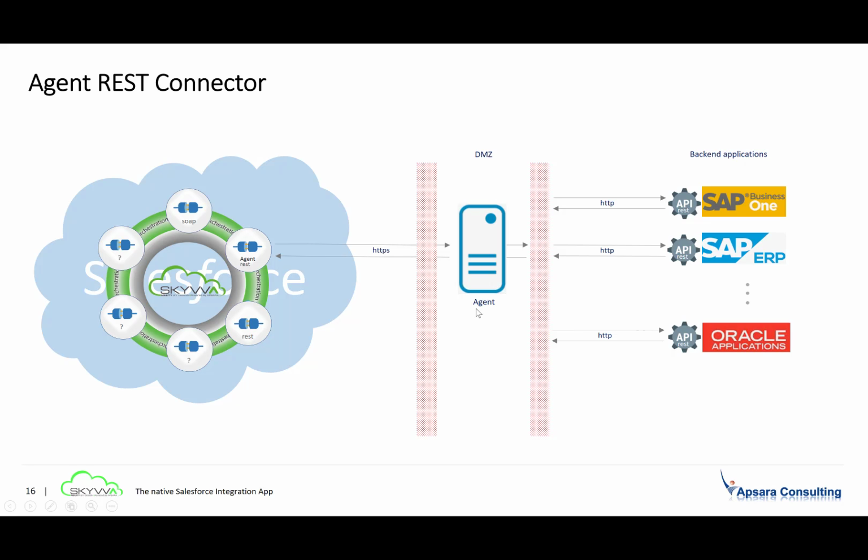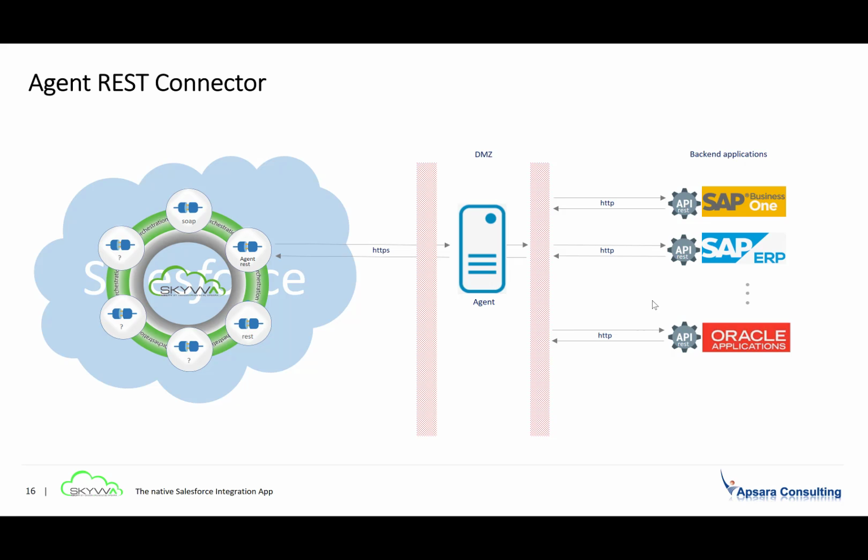So the agent REST and SOAP connector is to be used in case you have a local API, an enterprise application inside your network, and you don't need to make it public, because you can use the agent as a middleware, as a gateway that accesses the local API and connects with Salesforce.